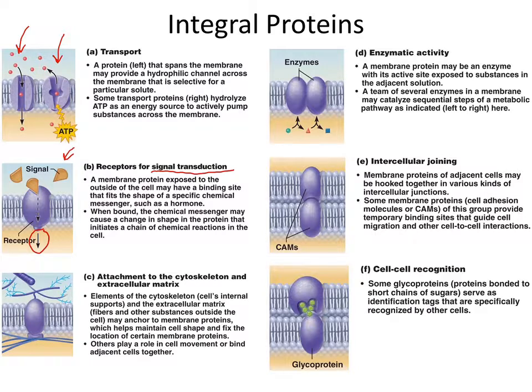Integral proteins also act as attachment points to the extracellular matrix on the outside, as well as the cytoskeletal elements on the inside. They can have enzymatic activity, as we can see here. They can also be responsible for joining two cells together, as in this picture. And lastly, they can aid in cell-cell recognition through the interactions of the carbohydrate groups that are attached to these proteins, which we'll talk about again in a minute.